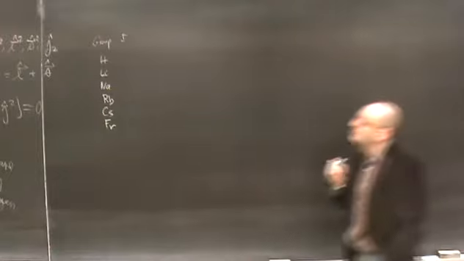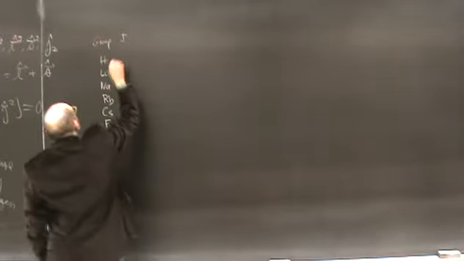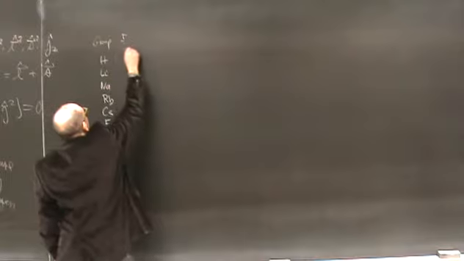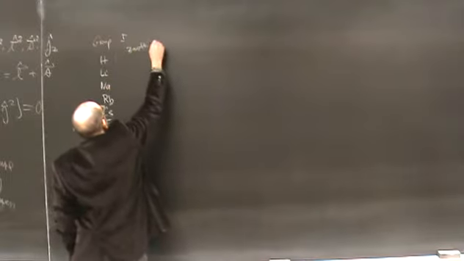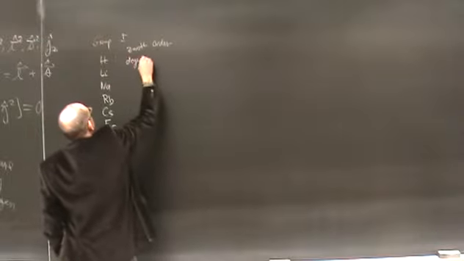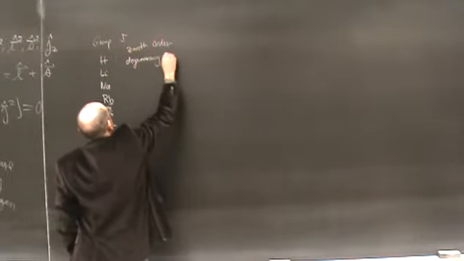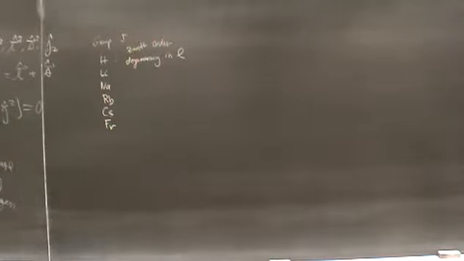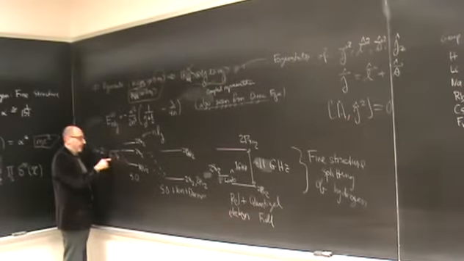So hydrogen is special because to 0th order we have degeneracy in L. To 0th order, what we saw here is that the 2s state and the 2p state were degenerate.